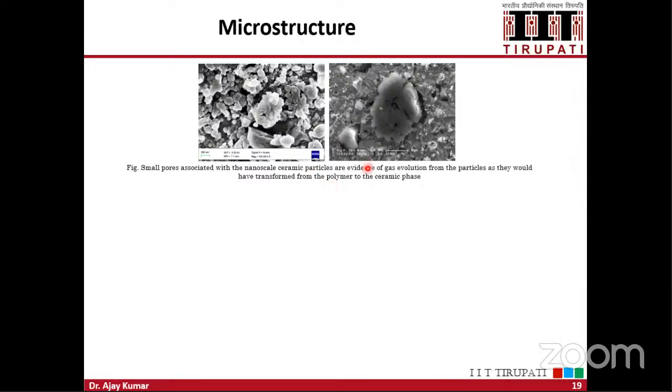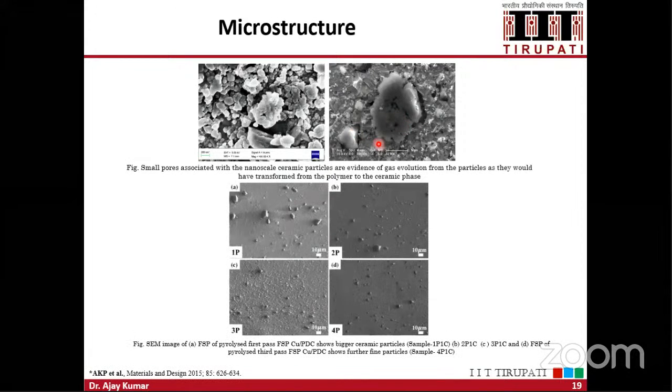Even during the process, the temperature will reach around 800 degrees Celsius, and due to that, the pyrolysis process will take place, and due to that pyrolysis, the evolution of gases will happen, and they will produce voids in the ceramic particles. So these voids can be reduced further by using the multi-pass FSP process.